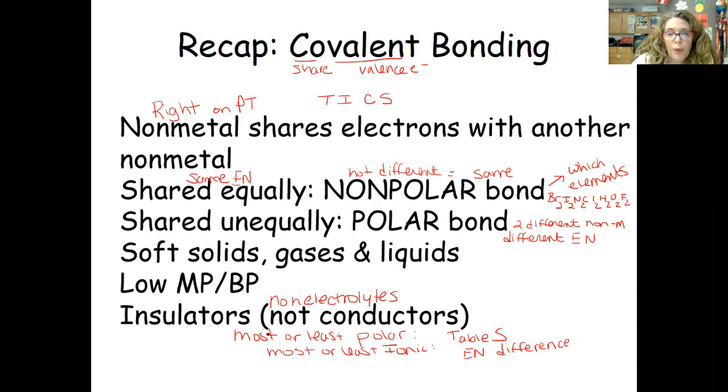If you're given four things and need to figure out which one is the most polar, it's the one with the largest electronegativity difference. Difference means subtract electronegativities from Table S. And if it's the most ionic, you're also going to have the largest electronegativity difference. So most or least is going to be either the largest difference or the smallest difference.